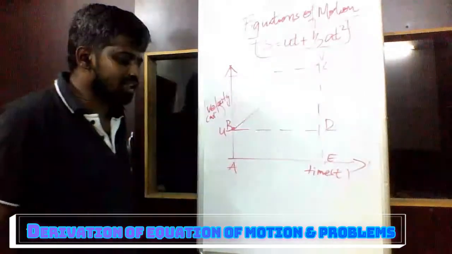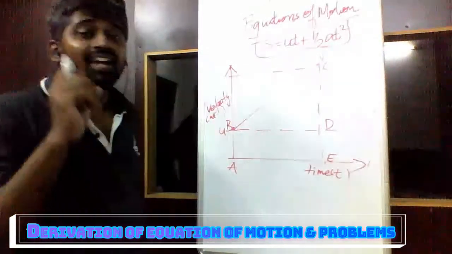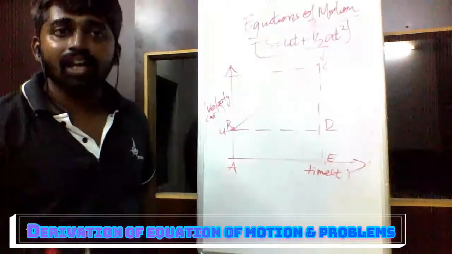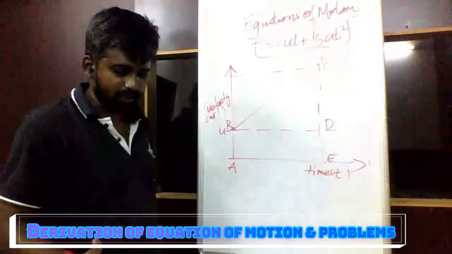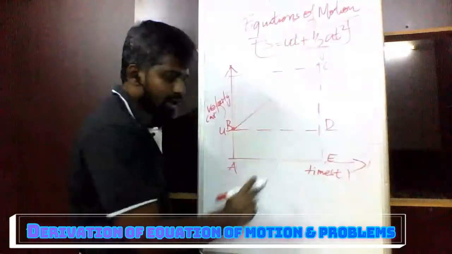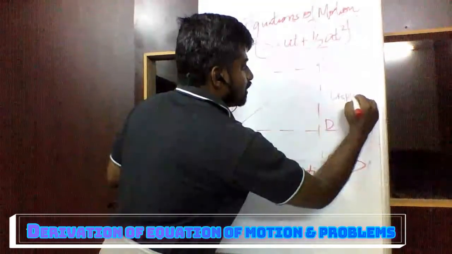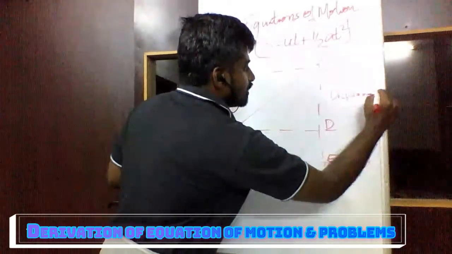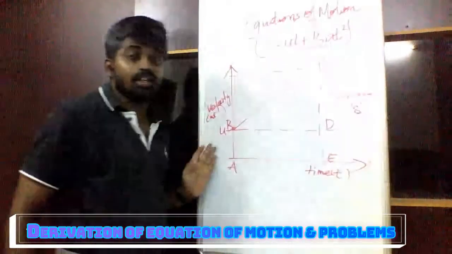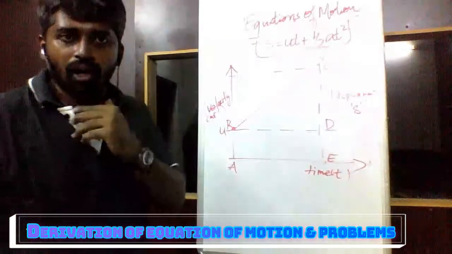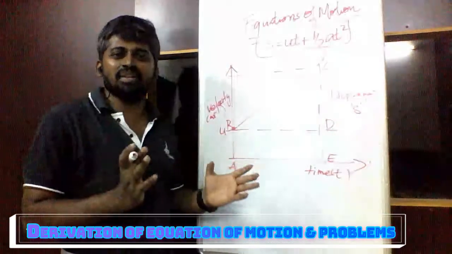In this velocity time graph, what can we find? Again and again I am repeating. In the velocity time graph, we can find displacement, that is equal to s. I hope you remember what is distance and displacement.